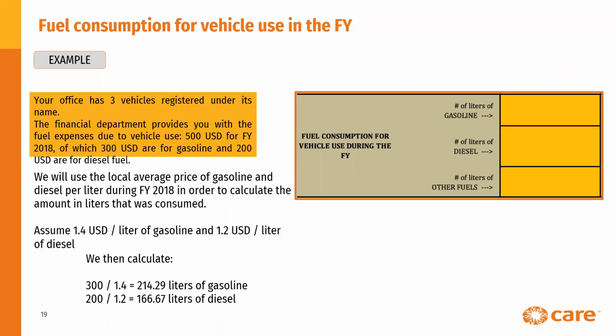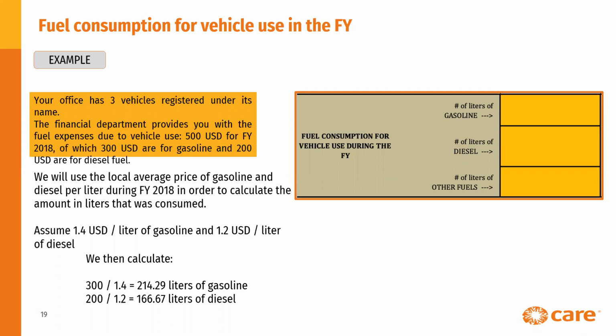We will use the local average price of gasoline and diesel per liter during the fiscal year 2018 in order to calculate the amount in liters that was consumed. Let's assume $1.4 per liter of gasoline and a price of $1.2 per liter of diesel.